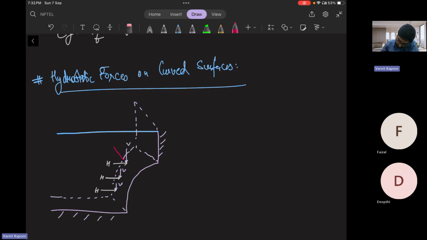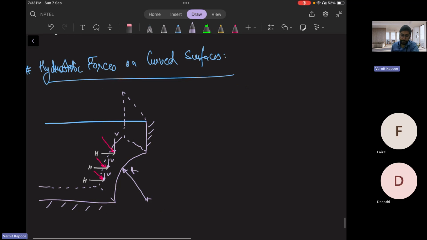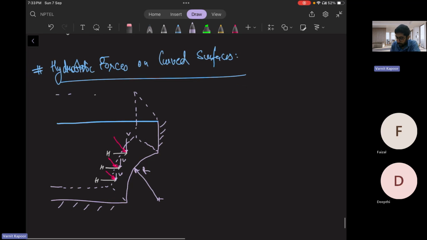So there will be a net resultant force over the surface. Okay, over the surface. Suppose this is at a radius r, suppose like this.